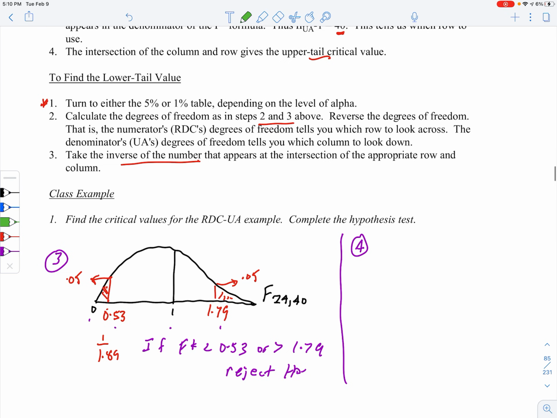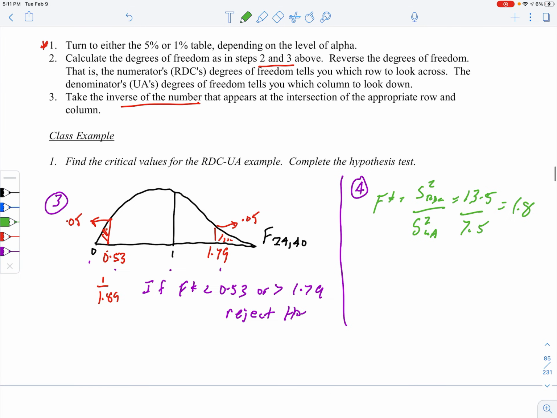So F star is equal to the variance for RDC over the variance for U of A. So 13.5 divided by 7.5, and that gives us 1.8. And what you can see here is that 1.8 is just tucked in there. So it actually is significant. So 1.8 is greater than 1.79, and therefore we would reject H0.